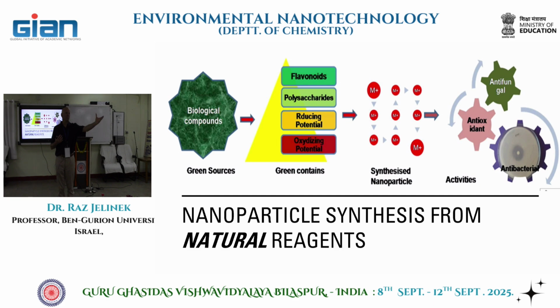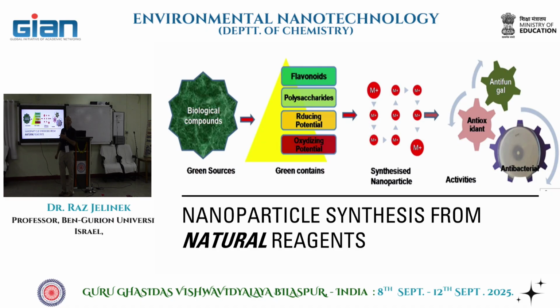Things that you can find in the fields, things that you can find when you grow something, things that you don't need to do chemistry to produce. This is the general title, green materials.